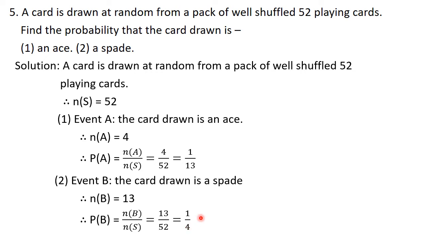Okay, so in this way solving these sums is very easy. If you know how to write it properly, then you are going to get full marks for these particular sums. Okay, now let's go ahead.